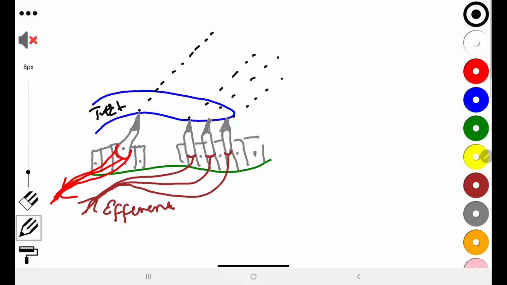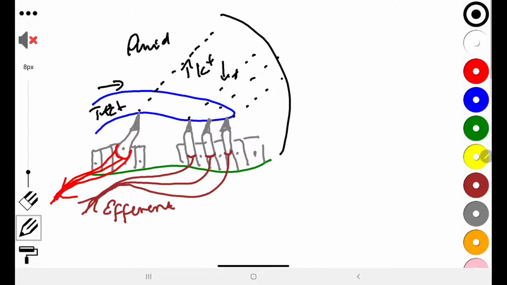And this embedment is such that when there is a vibration that goes on, this tectorial membrane also moves. Remember this fluid here is high in potassium and low in sodium, known as the endolymph, whilst in the scala tympani we have perilymph.